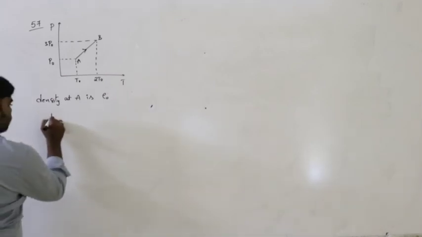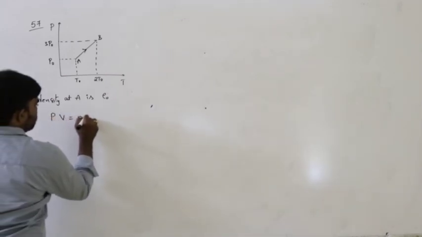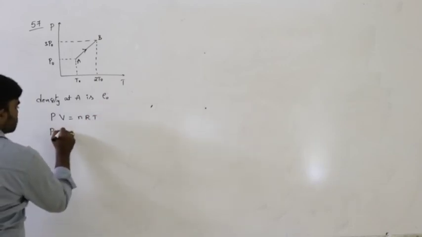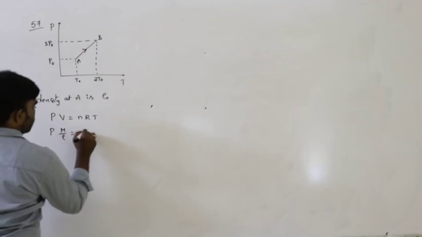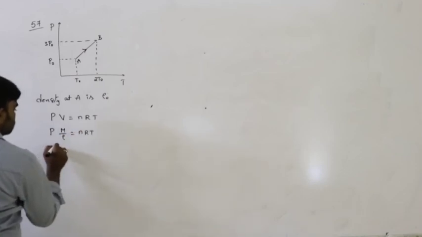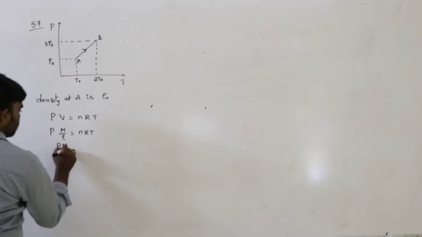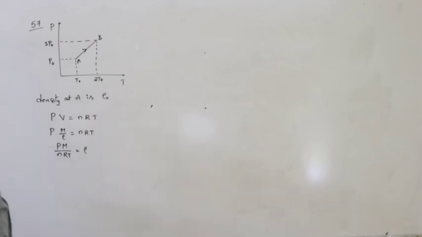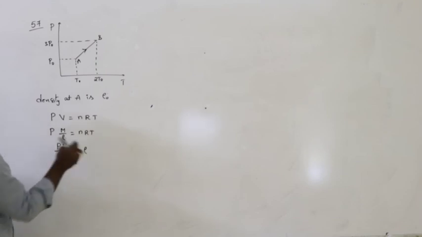So we know from the ideal gas equation PV equals nRT. Volume can be written as mass by density. So Pm by nRT is equal to rho.